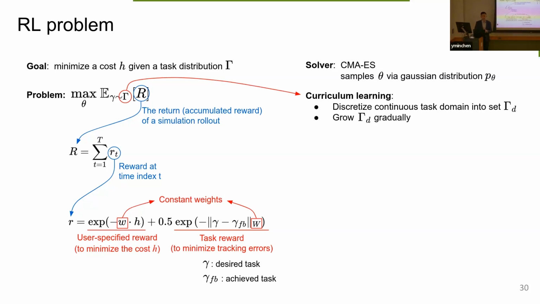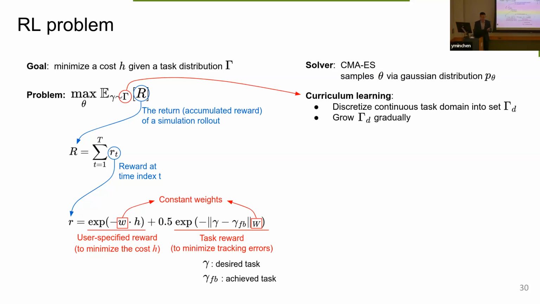It's very hard for us to get a good model. So we employed curriculum training where we start with a smaller task region and gradually grow it over time, over the learning iterations. Specifically, I discretized the continuous task domain into a set Gamma D and gradually grow this set over time.